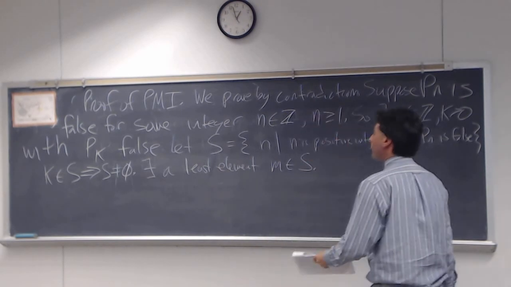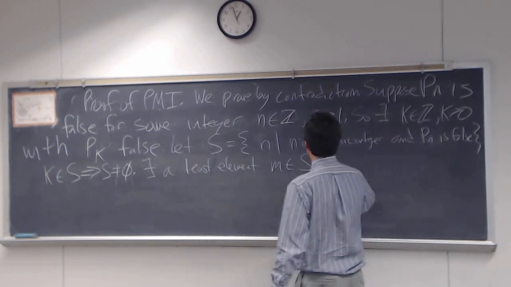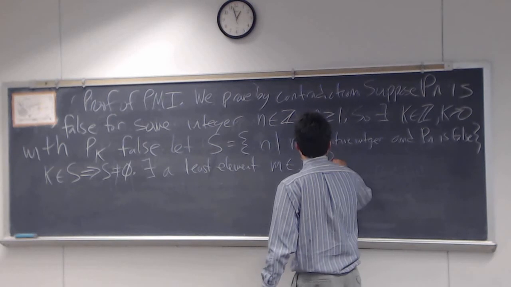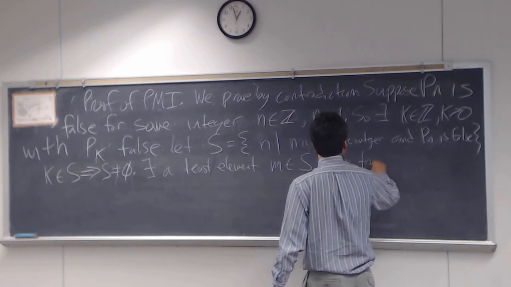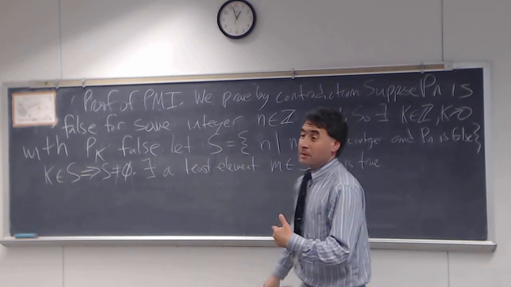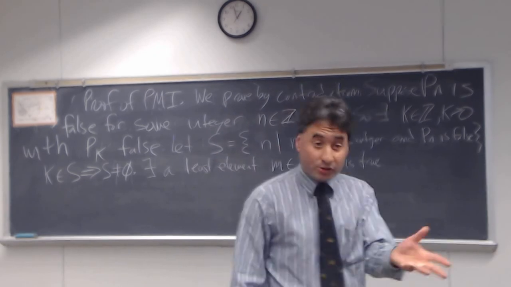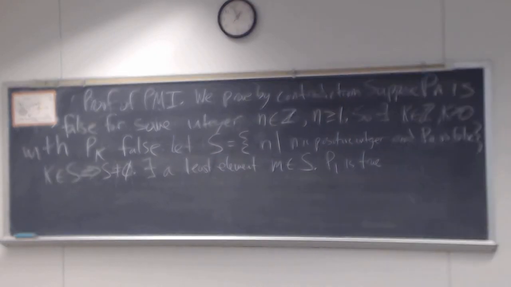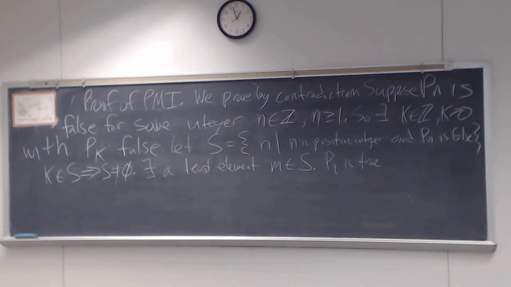Now recall that P1 is true by assumption. Maybe I should have paused to say what our assumptions are. The assumption is that P1 is true, and anytime Pn is true, Pn plus 1 is true.